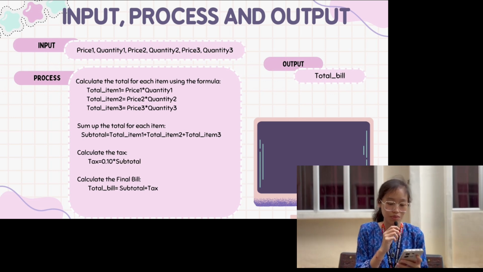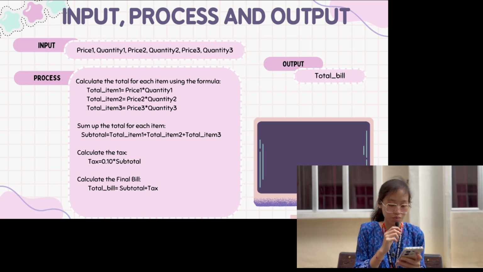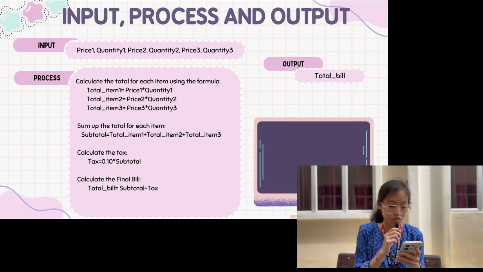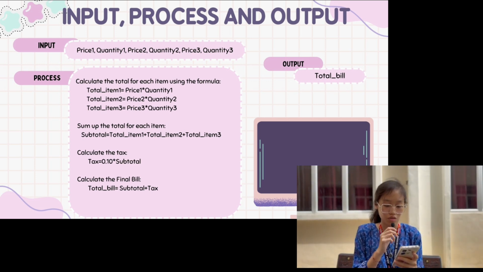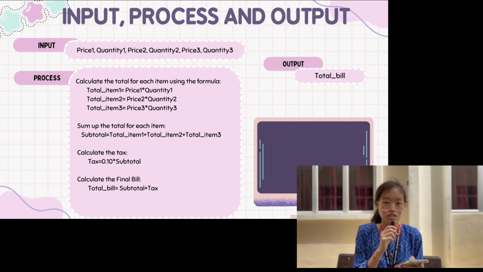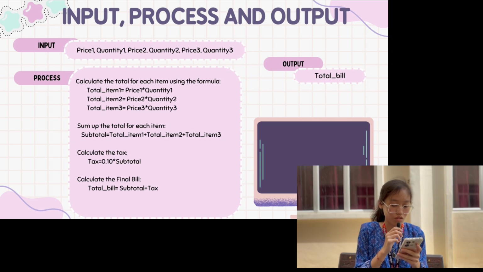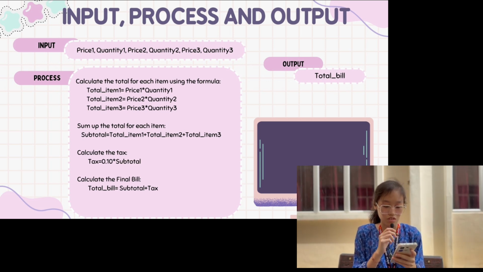For input is price 1, quantity 1, price 2, quantity 2, price 3, quantity 3. For process, we must calculate the total for each item using the formula: total item 1 equals price 1 times quantity 1, total item 2 equals price 2 times quantity 2, and total item 3 equals price 3 times quantity 3.